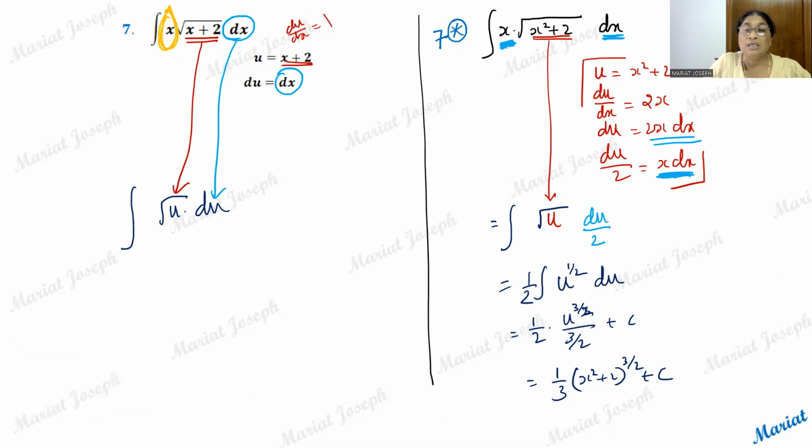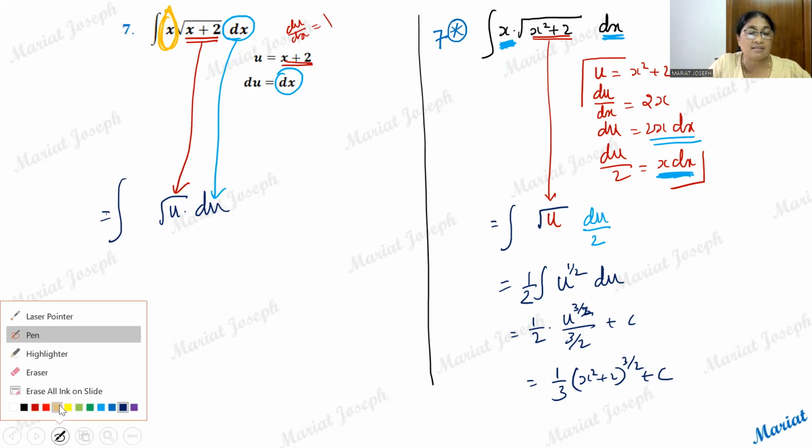Look, there was an x in the other question, but we could easily manage it. Children, don't copy down the x like this here. Don't do it ever. Because in integration, we are not expected to have two variables simultaneously. Then what are we going to do with that x?